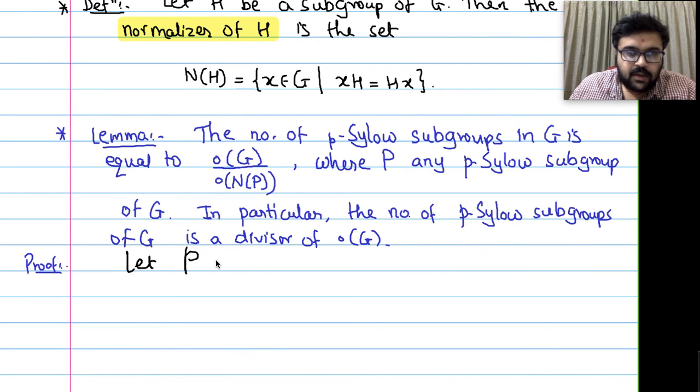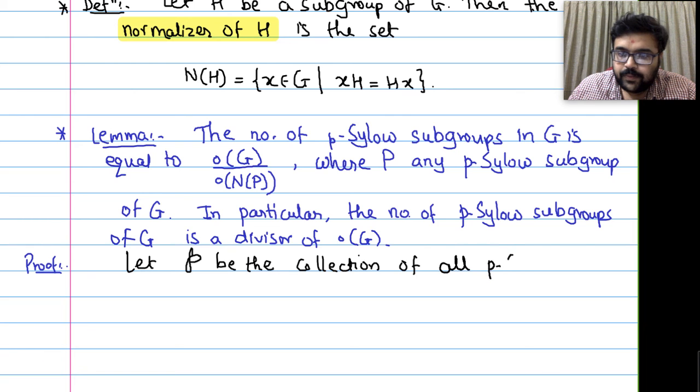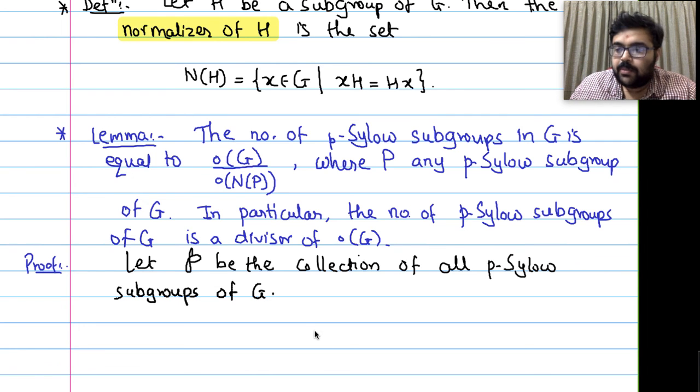Let 𝒫 be the collection of all p-Sylow subgroups of G, and suppose one such element we take, P in 𝒫.